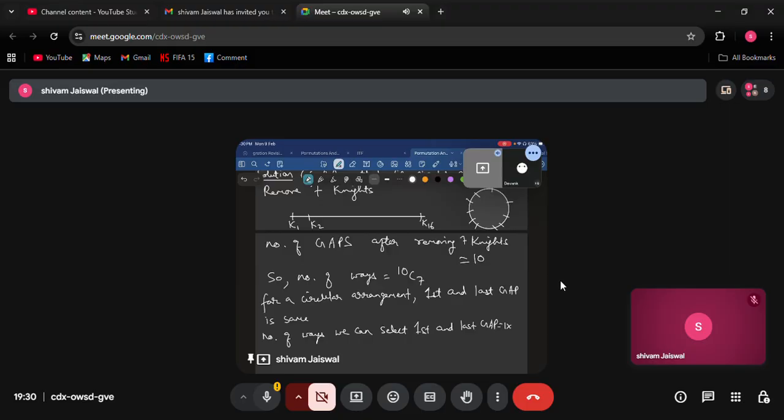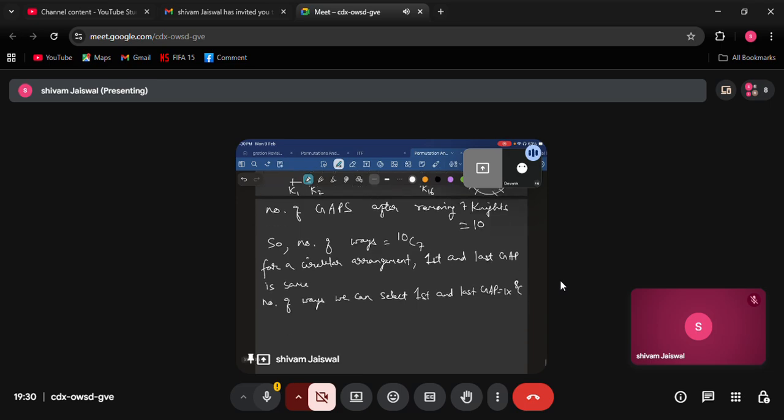Out of the 8 gaps, you need to select how many gaps? 5 gaps, because I've already selected 2 gaps.